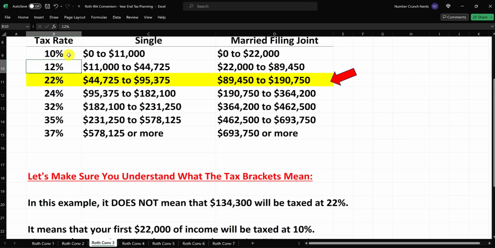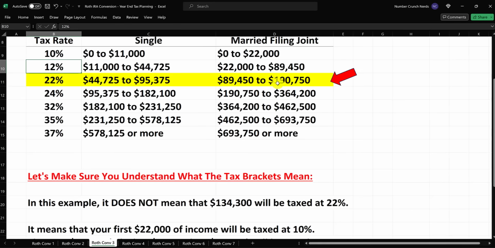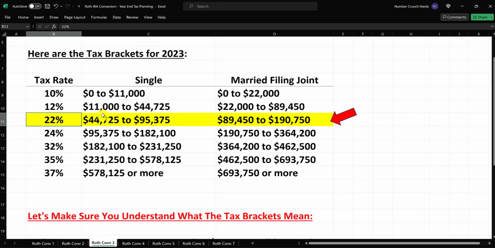So you get the benefit of this bracket, and you get the benefit of this bracket. The next $101,300, which I calculated as $190,750 minus $89,450, the amount between these two numbers, will be taxed at 22%. So when somebody says I'm in the 22% tax bracket, or I have a 22% marginal tax bracket, it doesn't mean all their income is taxed at 22%.